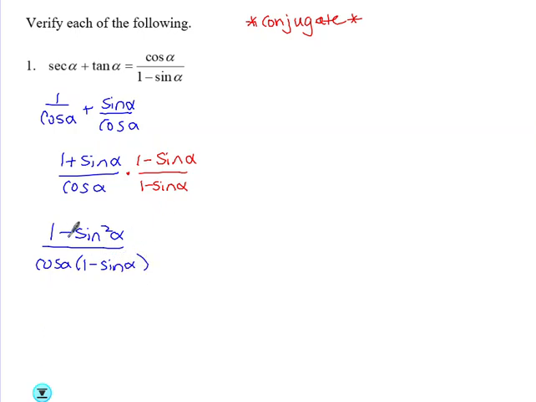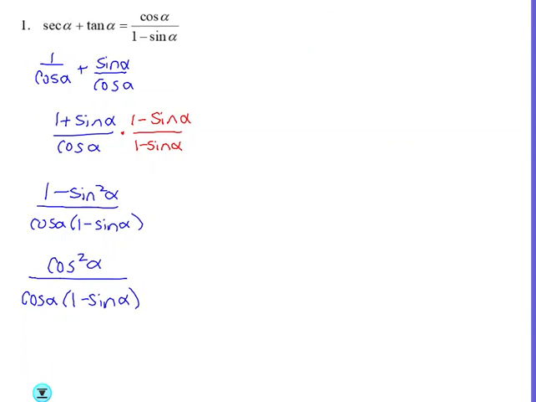Then by my Pythagorean identities, I know that 1 minus sine squared of alpha is cosine squared of alpha. Then I can cancel cosine of alpha with one of these cosine of alphas, and I'm just left with cosine of alpha over 1 minus sine of alpha, which is what we wanted.